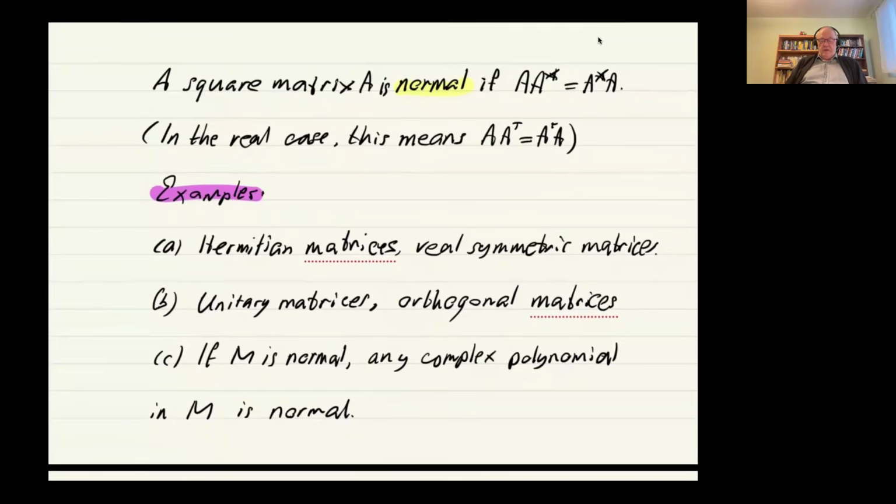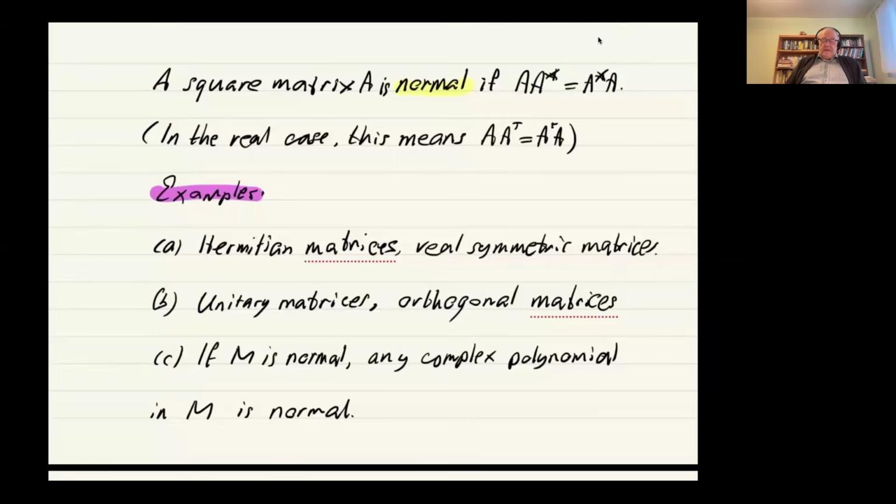So examples of normal matrices obviously include Hermitian matrices, where A is equal to A star, and real symmetric matrices, where A is equal to A transpose. Another important class of examples are the unitary matrices, U star U is equal to identity, or orthogonal matrices, where U is real and U transpose U is equal to identity.